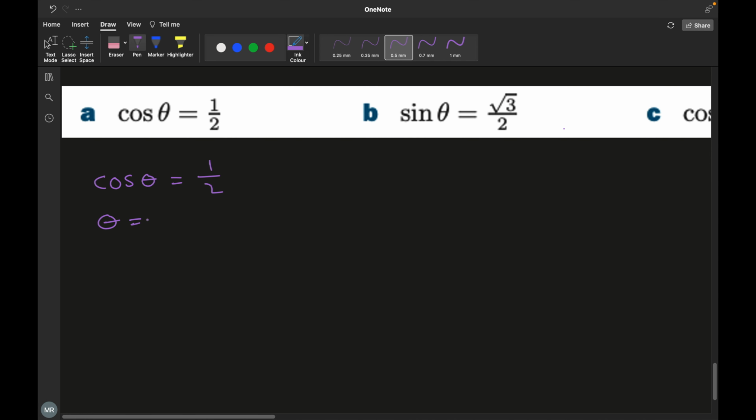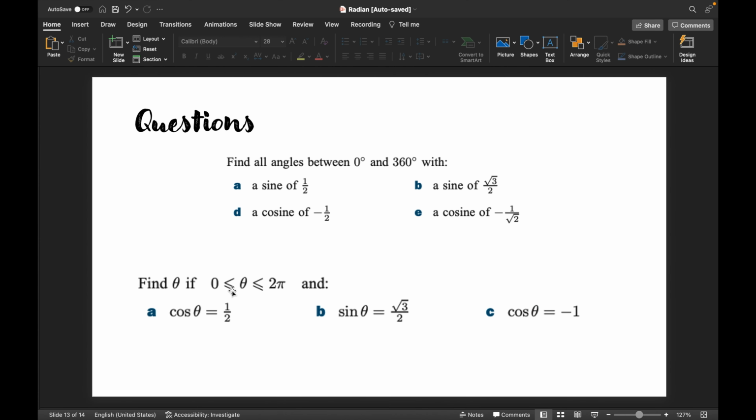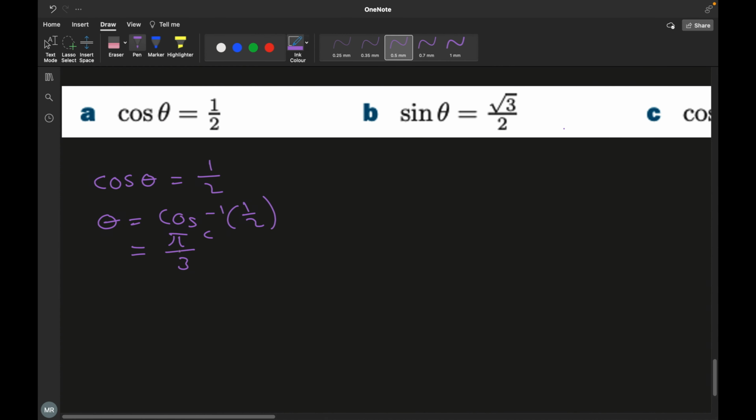So theta will be cos inverse of 1 divided by 2, which is 60 degrees or pi by 3 radians. We have to write this in terms of radians because the range, the domain that they have given us, is in radians. So therefore, one of the answers is pi by 3.